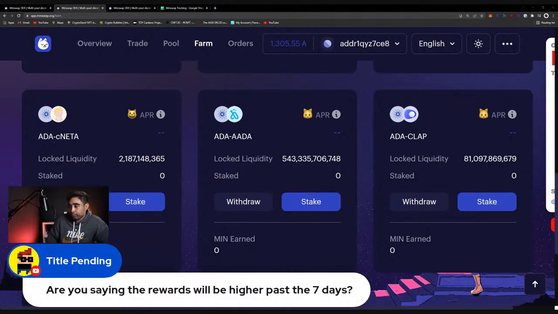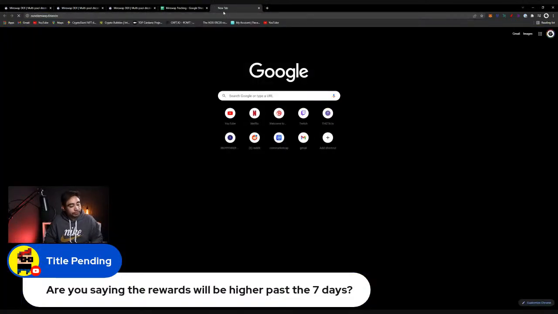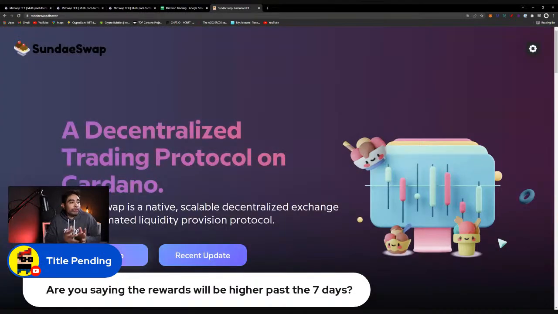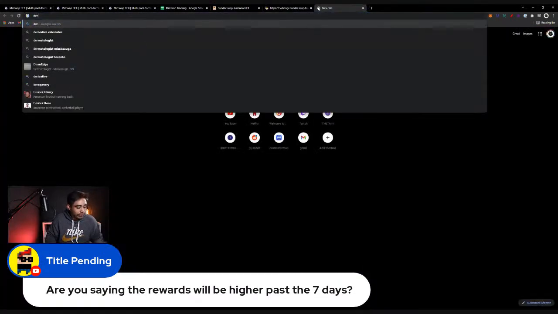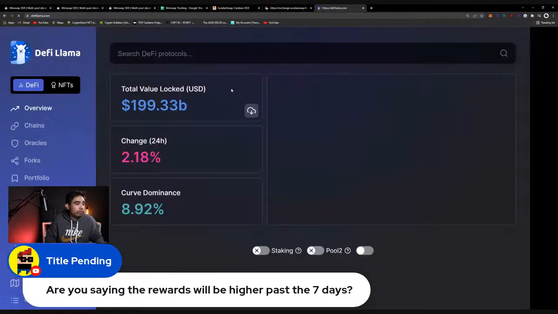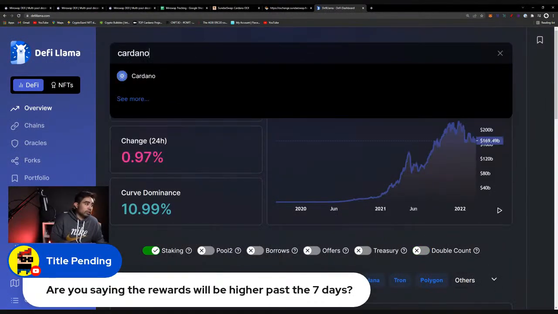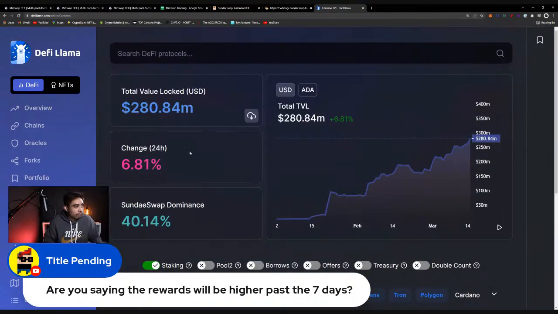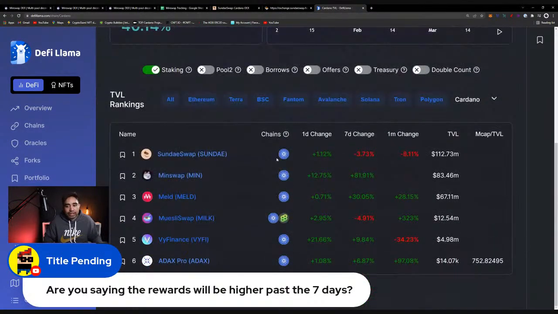Are you saying the rewards will be higher past the 7 days? I'm saying overall, it's most likely going to be higher than Sunday Swap, because when we look at Sunday Swap, we only really have 2 DEX platforms to compete against. Realistically, we only have 2 DEX platforms really in competition with each other right now.